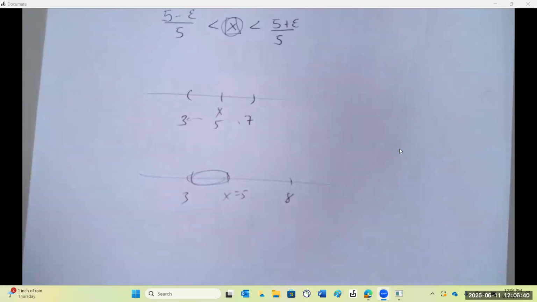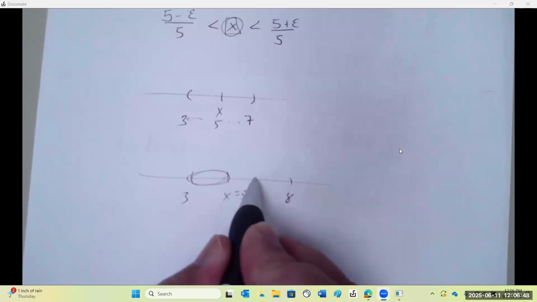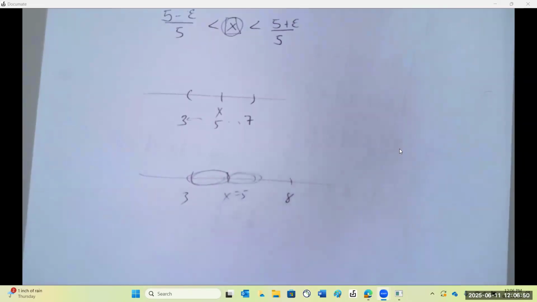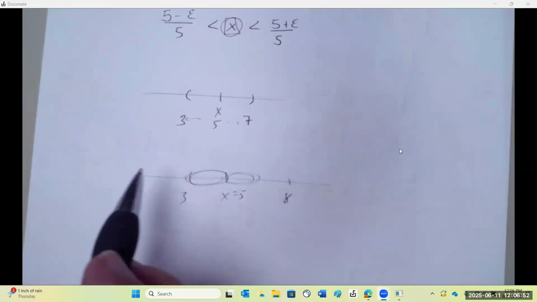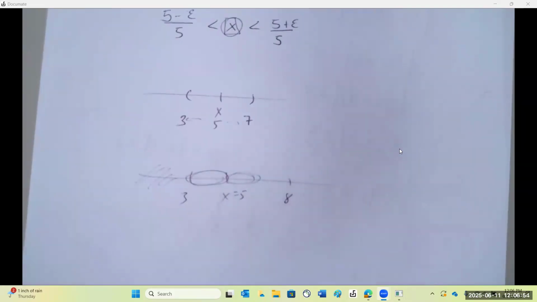So if it's not symmetric, then we choose the shorter of the two options. Since the other one's bigger, we know this shorter one has to exist in there. But if we took the bigger one, then we don't know what's going to happen out here. So we take only what we know exists for sure.